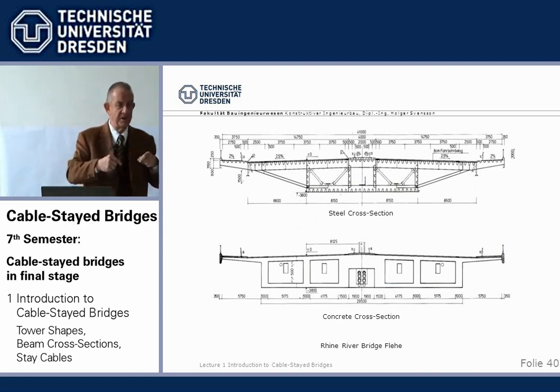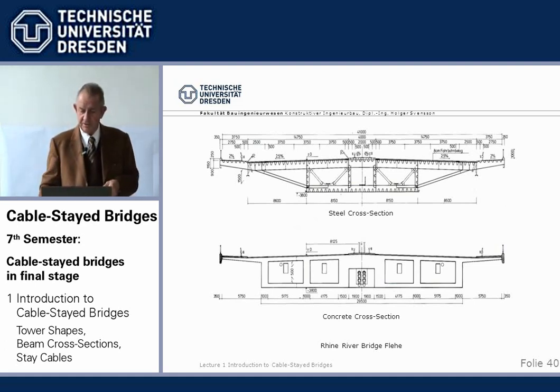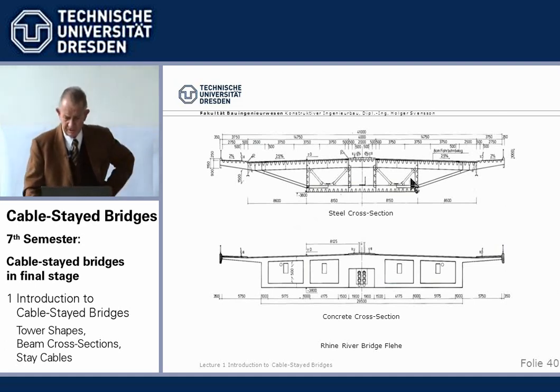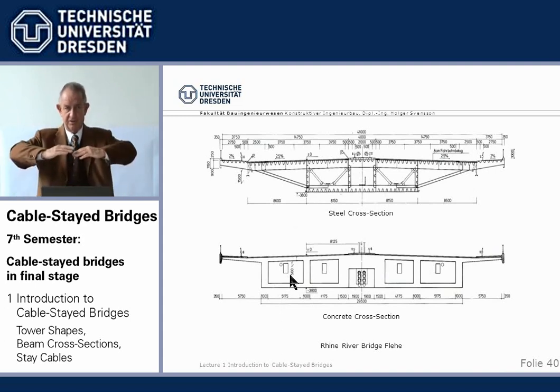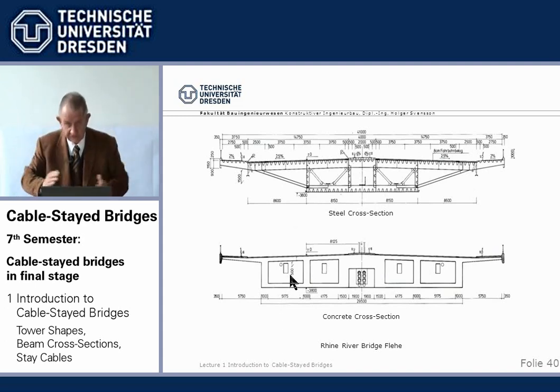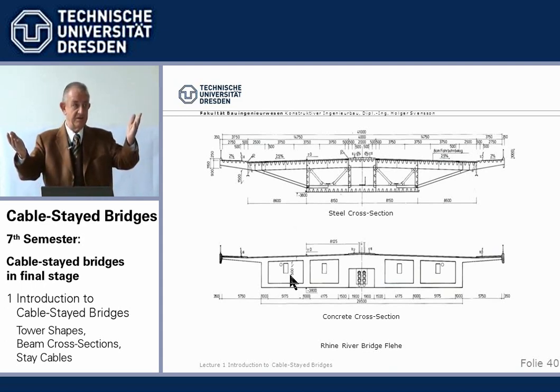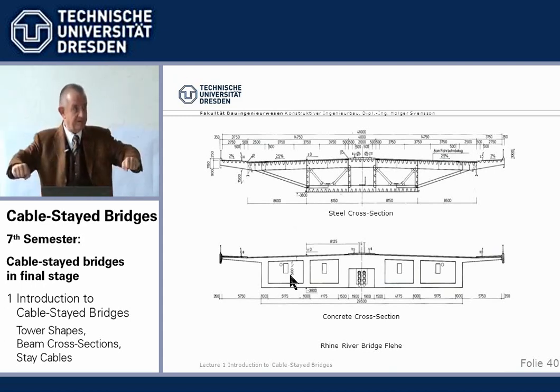And we see here a typical cross-section. Example, the Rhine River Bridge Flehe. We have an all-steel bridge in the center, and we have the same shape but built in concrete for the side spans. So they prevent the main span, so to say, from sagging down and the side spans from going up. They are counterweights.